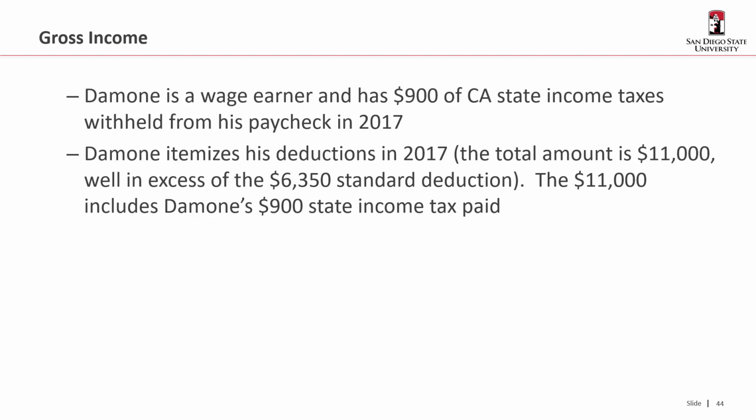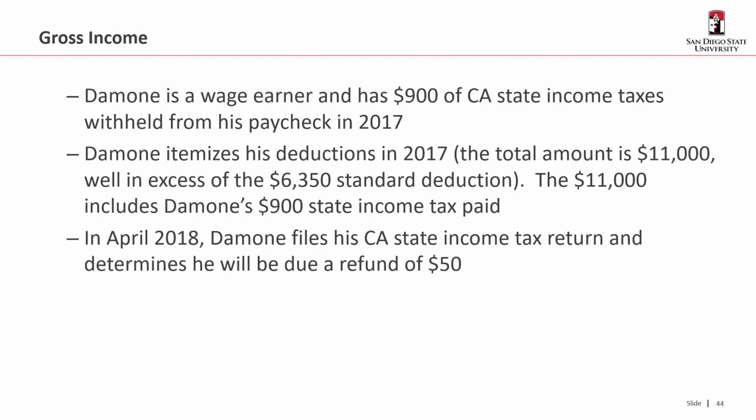So as a result, he deducted his total amount of state income taxes. So his total itemized deductions were $11,000. The limit in 2017 was $6,350. So as a result, that $11,000, of course, includes his $900 of state income taxes paid.